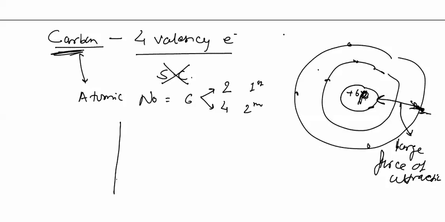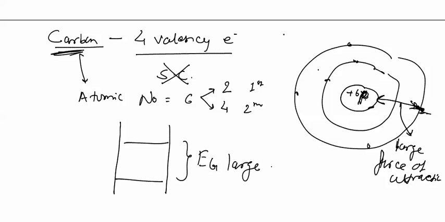So we can say that for carbon material, this forbidden energy band gap Eg is very large. For carbon material, as this Eg is very large, it cannot conduct, and it is called as an insulator. Although it has four valence electrons.